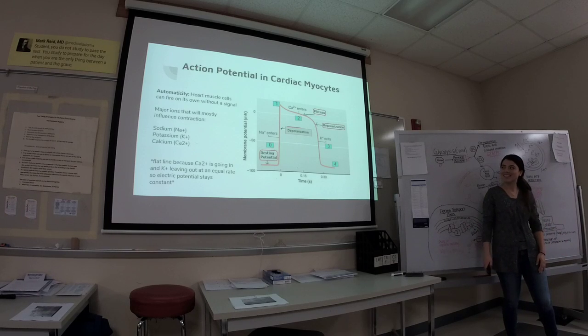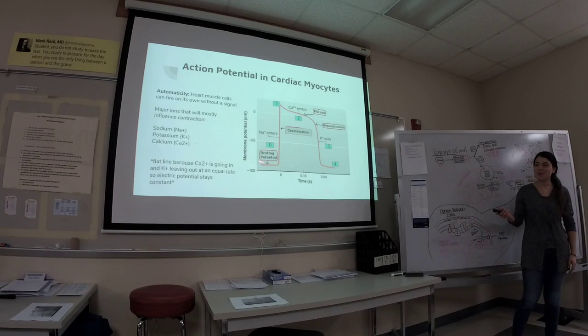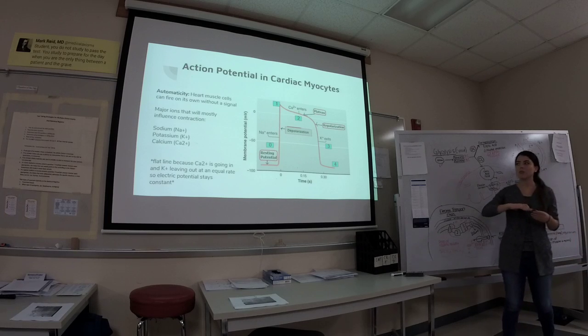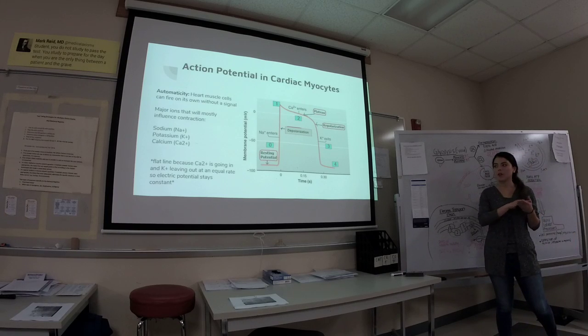So does that make sense? A lot more sense? Okay. So what is this called whenever the potential becomes more positive? Yes, it's phase 0, but in general, what is the term where it goes from a negative to a positive? It's depolarization.